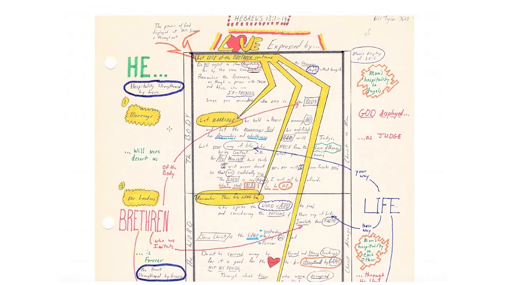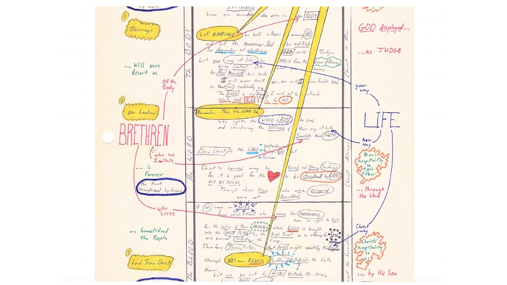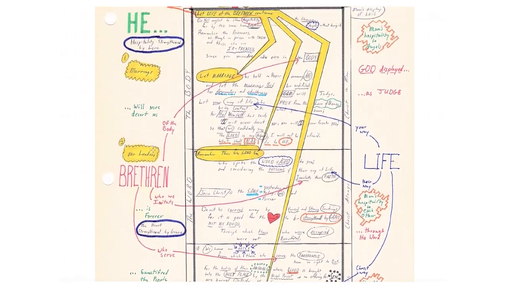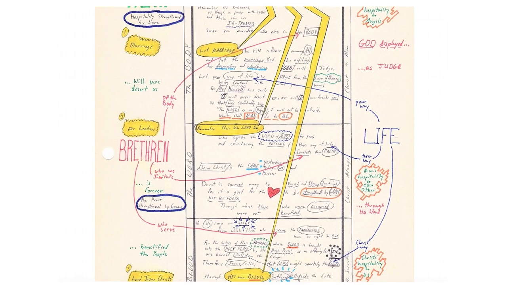And you'll hear them connect with each other in thought and grammar. Love expressed by marriage, by our leaders, and by the Lord Jesus Christ, with each of the paragraph phrases within the text corresponding to their paragraph points.